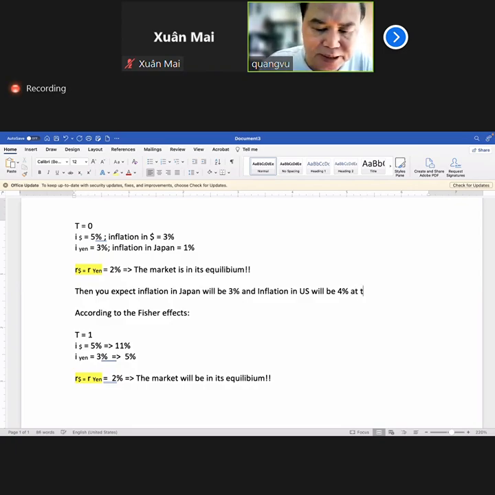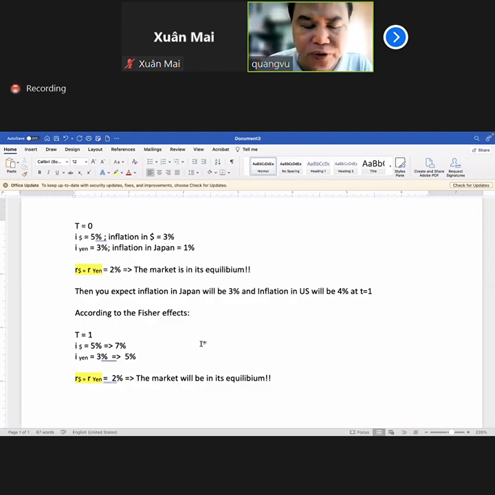At T equal 1, how do we predict the nominal rate between the two countries? As long as we expect inflation in Japan to be 3% and in the United States 4%, what is the nominal rate? Let's find any number, okay? 4%, let's say 6%, okay? Then let's do 7%.